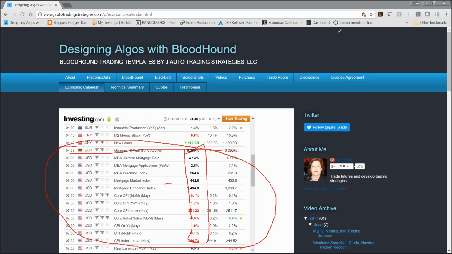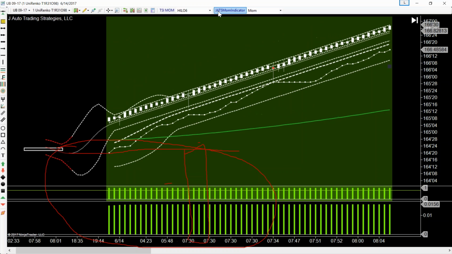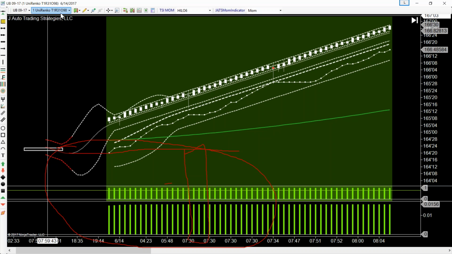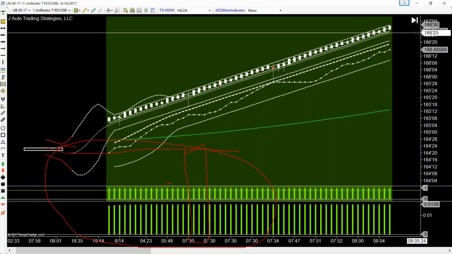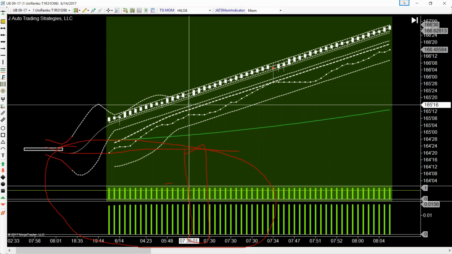So that's when you can go to BloodHound and put up a bond chart. This is the Unirenko setting for 131 to give me one full 32 ticks of a bond point.